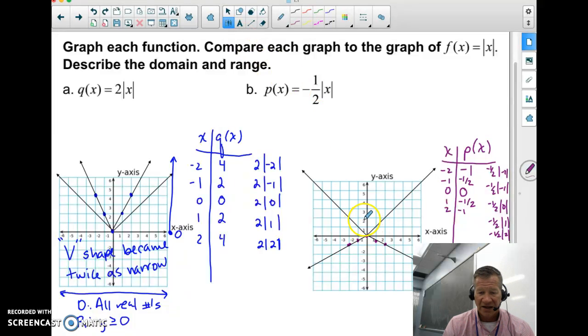And then the other thing that happened is here I was going one up, one over, one up, one over. Now I'm going one down, two over. So it's opening wider. So there's two things that happen. So the V shape became wider. And it's upside down.